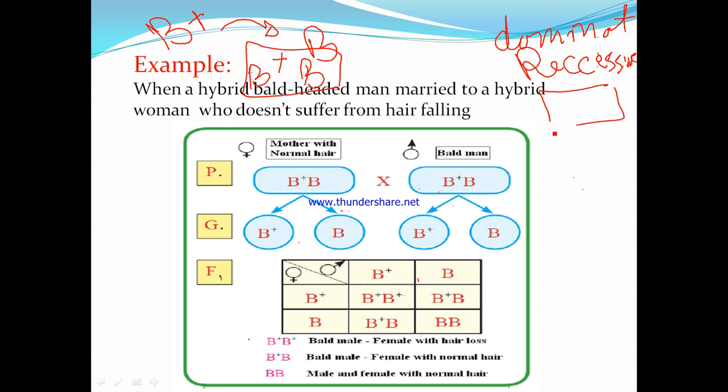The hybrid woman also carries B positive and B without any change.